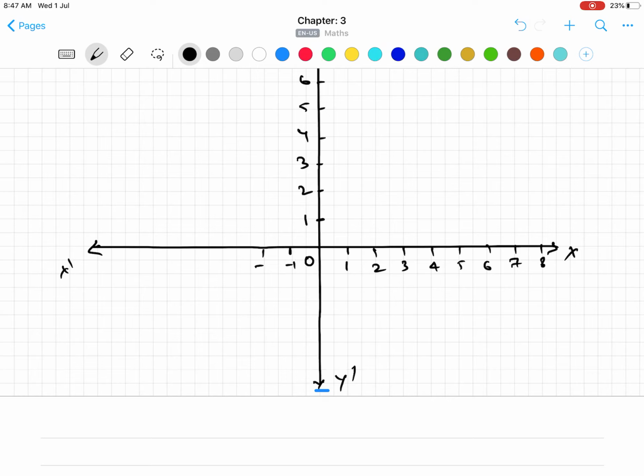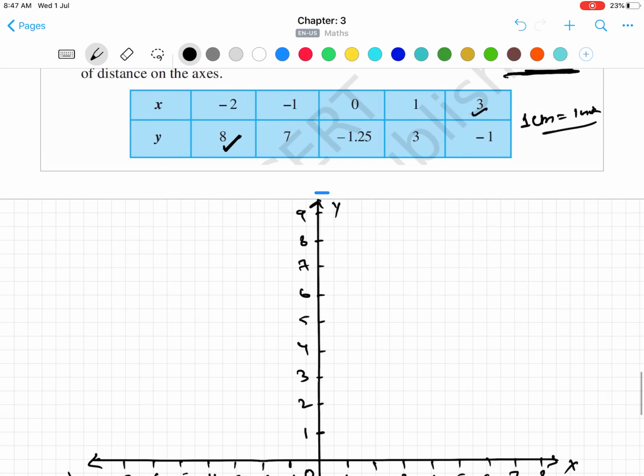Then we have -1, -2, -3, -4, -5, -6 and -7 for negative x axis. Then we have -1, -2, -3, -4. Okay, now let's start marking the point.